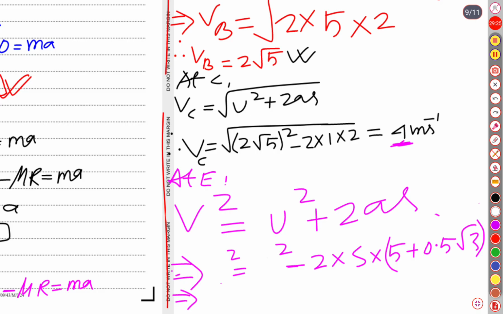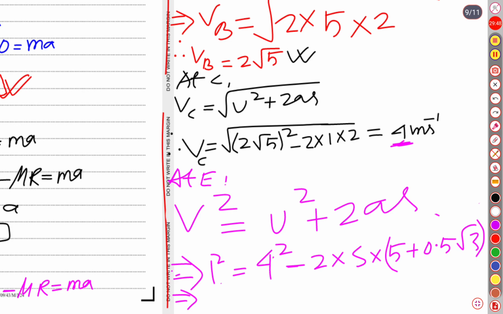So final velocity was 1, whereas initial velocity was 4. 1 square means 1, and 4 square means 16.